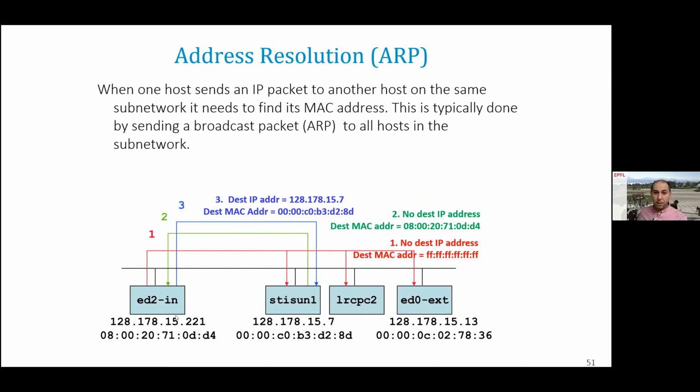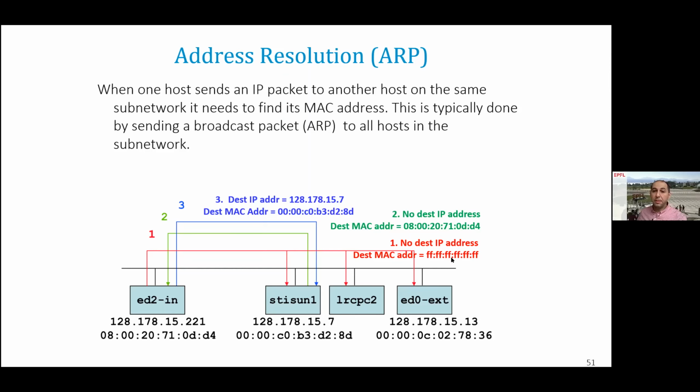What happens? This machine has a packet to send to this other machine. It needs to send a packet to the destination. So what it does, it sends a request with the destination MAC address being the broadcast MAC address, by setting all bits to 1.